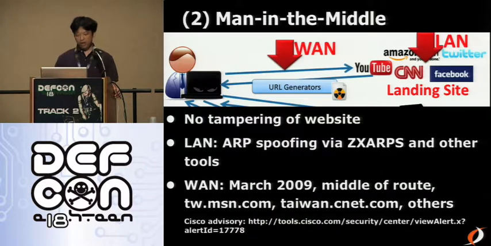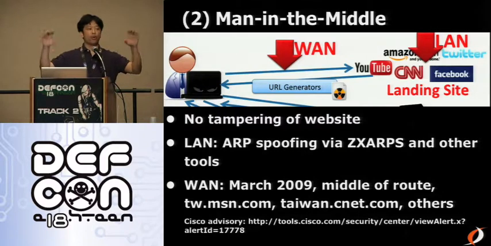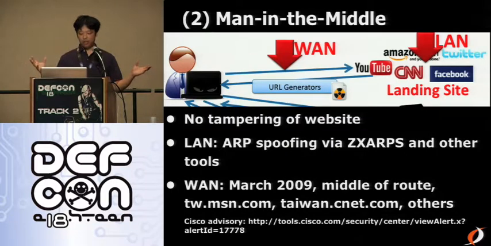And all we've talked about so far is only one type of malicious JavaScript injection, and that is when they physically tamper with your data. Another type is when they don't physically tamper with your data. Typically, what happened for many years in the past in Asia is attacks coupled with ARP spoofing. For example, the ZXARPS tool is very mature, very robust.